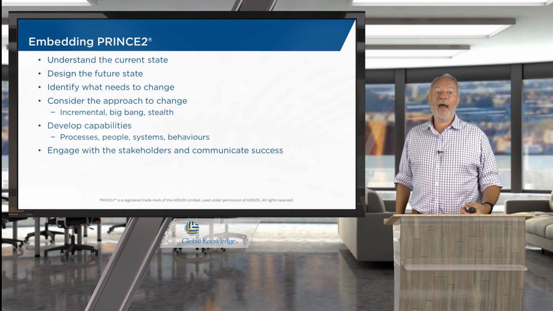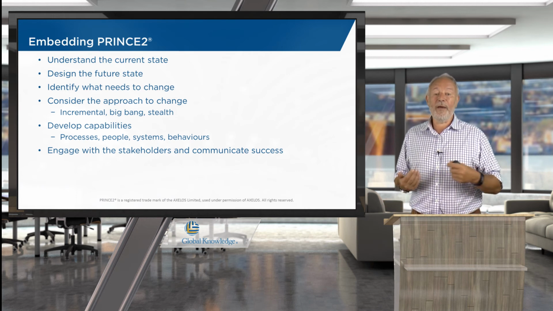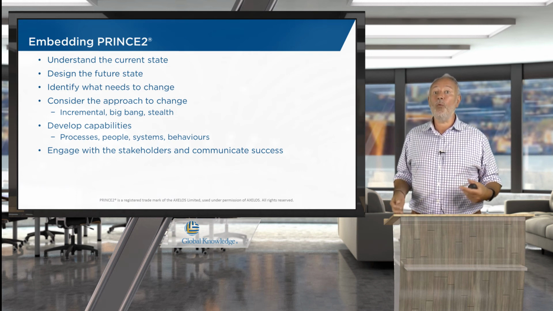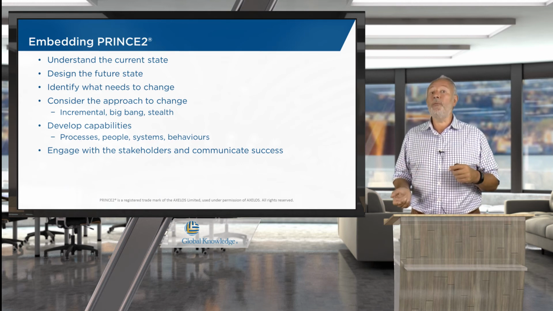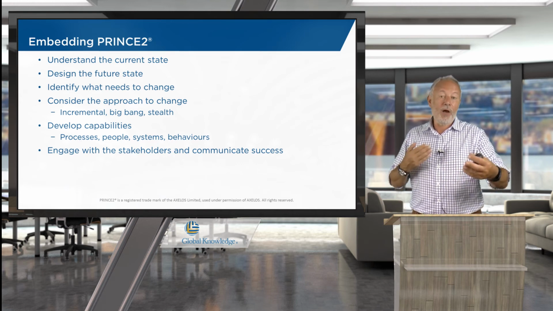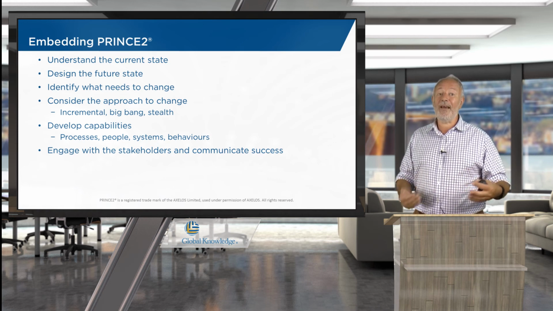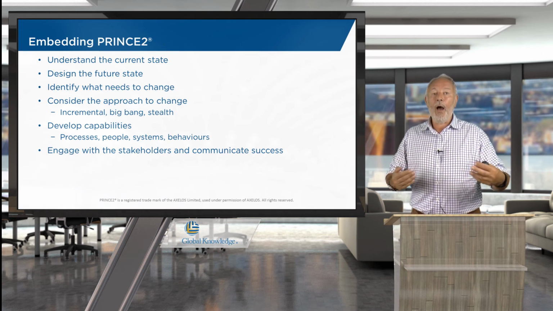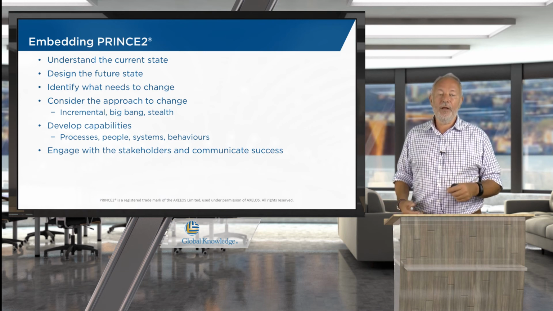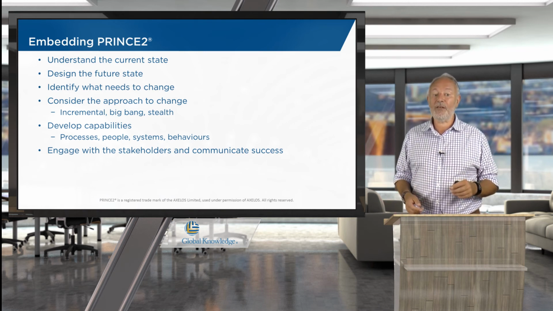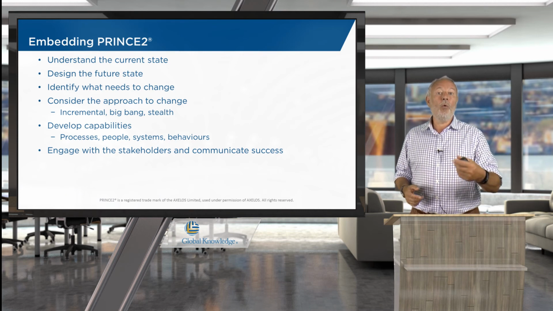If we're going to go ahead and embed, then we need to understand where we are now. What have we achieved so far? What do we want? Where do we want to be? For instance, over the next couple of years, because it's likely to take that long, how do we see PRINCE2 being embedded in the organisation? We need to understand what that future state is going to be. We'll then look at what needs to change.